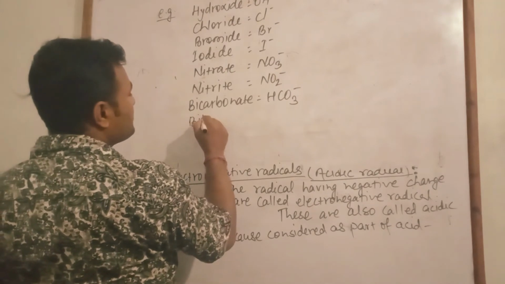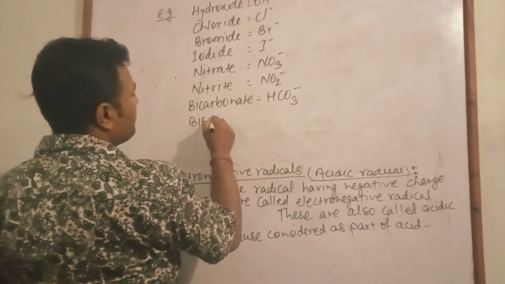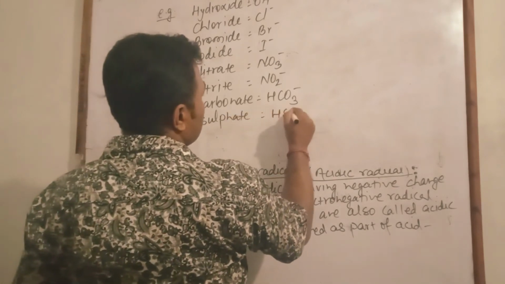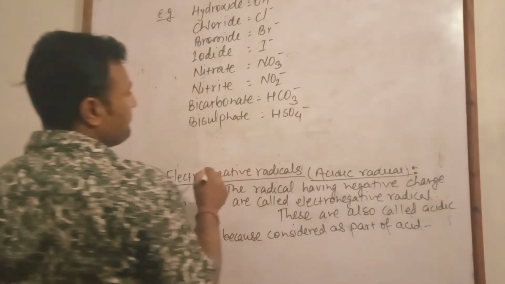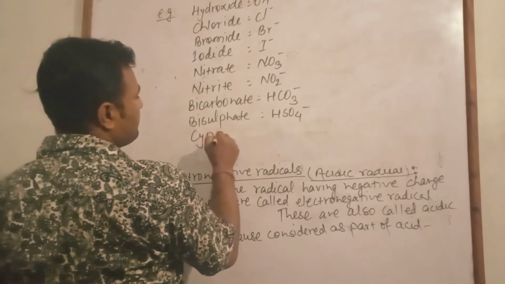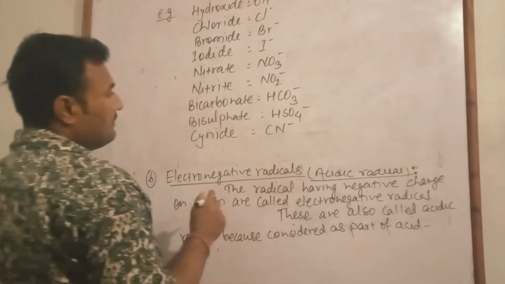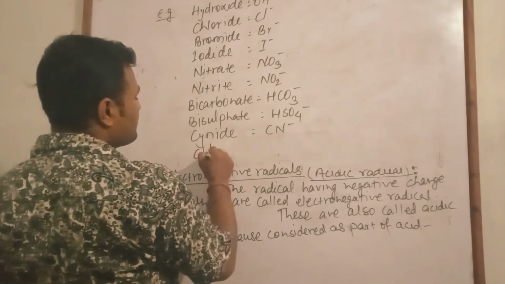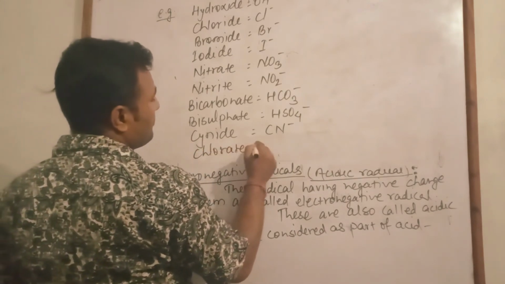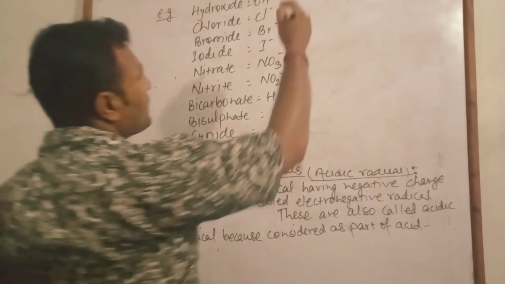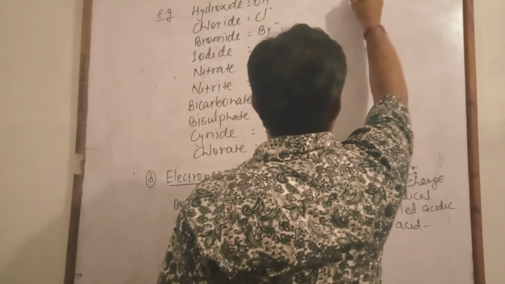Bisulfate or hydrogen sulfate, HSO4 minus. Cyanide or nitrile, CN minus. Also we can write chlorate, ClO3 minus.